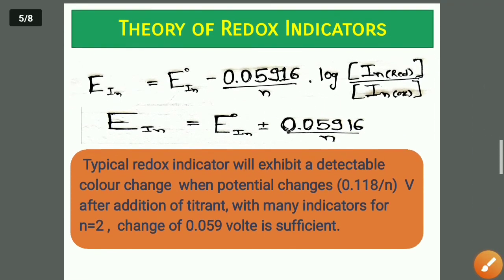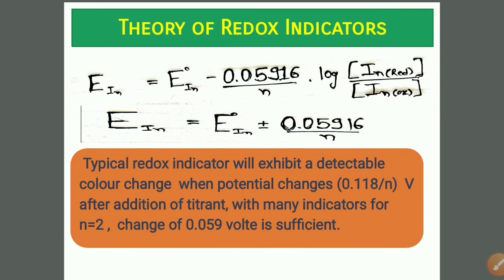If you consider once again the Nernst equation, the potential of the indicator is given by the standard potential of the indicator minus 0.05916 divided by n into log of that ratio. We have already seen the ratio is equal to or greater than 10, or less than or equal to 10.